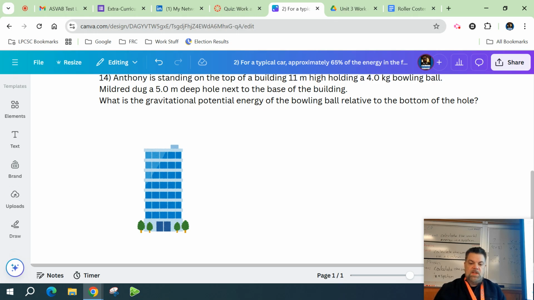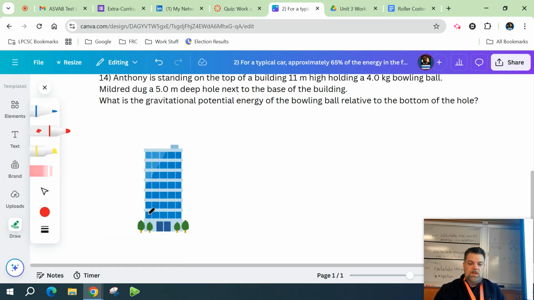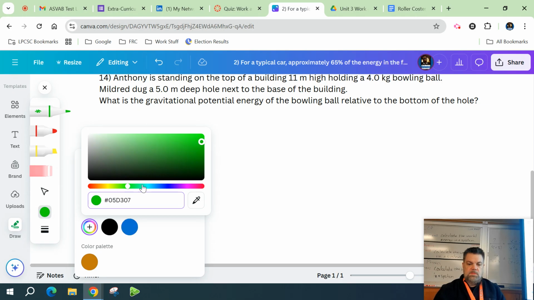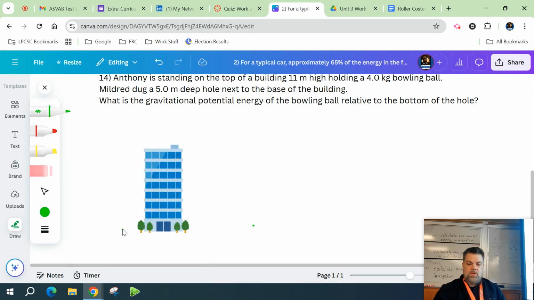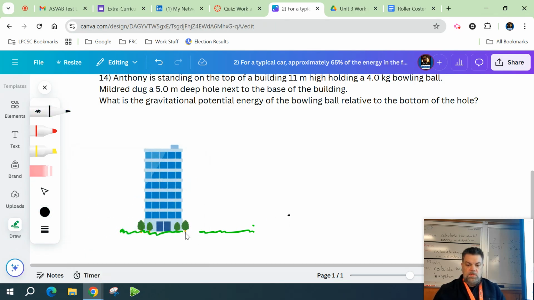So there's my building, and then over here in the grass, they dug a hole. So the grass is like this. And then there's this dark hole right here.